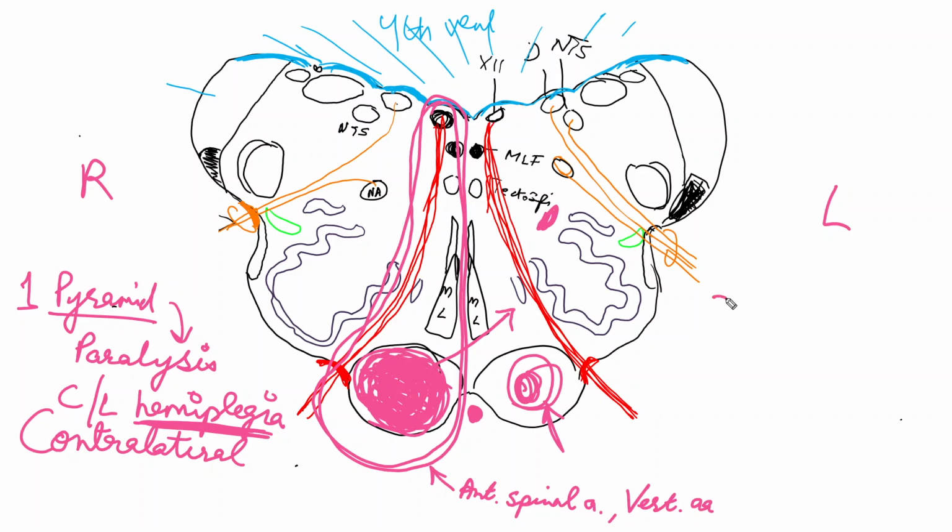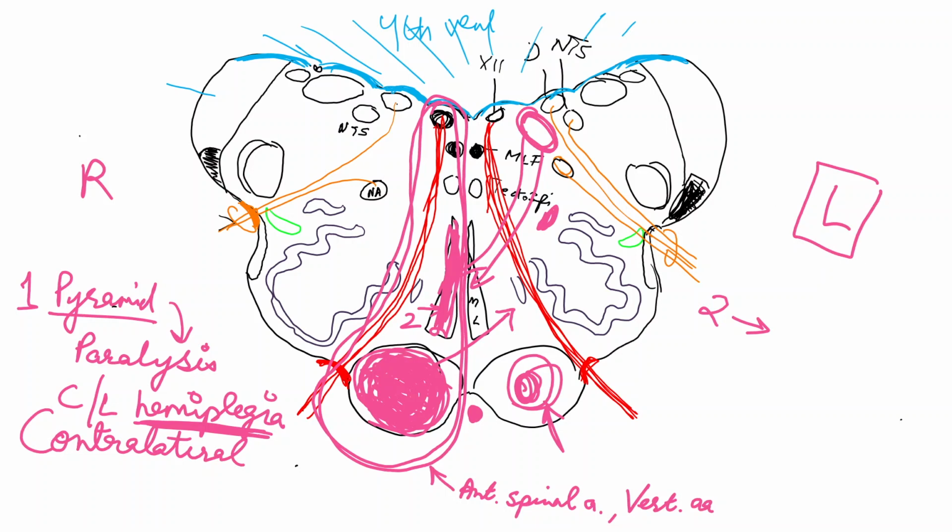Okay, then second thing which will be affected is this, the medial lemniscus. Now if you remember, medial lemniscus is formed by decussation of the fibers from nucleus gracilis and nucleus cuneatus. Now imagine, this is the right medial lemniscus. This was formed by fibers coming from this side, which were bringing sensations from which half of the body?